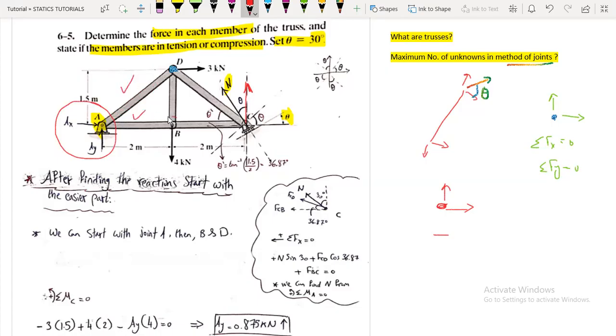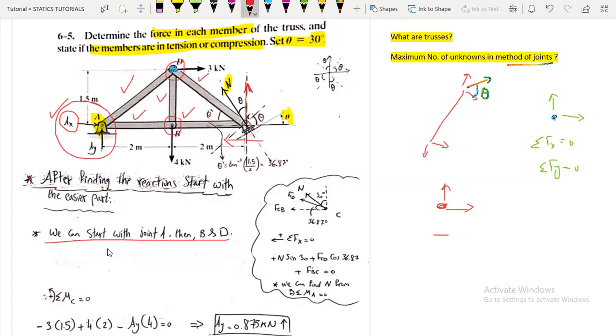Then we can move to joint B and find BC and BD, and finally from joint D we can find the force in member DC. But in this case, we must find N because it has a horizontal component, an X component, so it will contribute to the value of the reaction AX. So here we can start with joint A, then joints B and D.